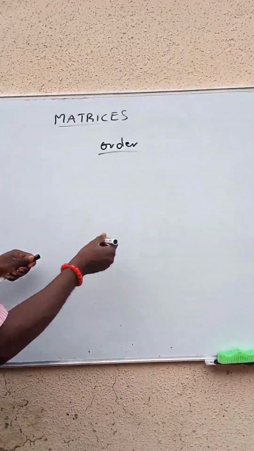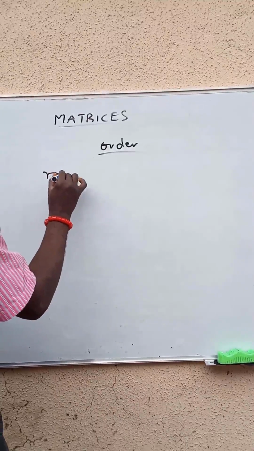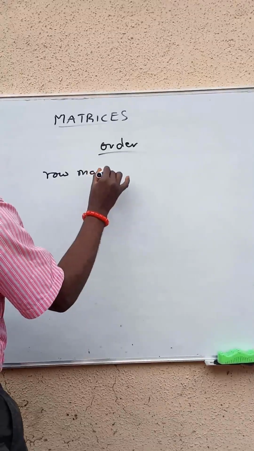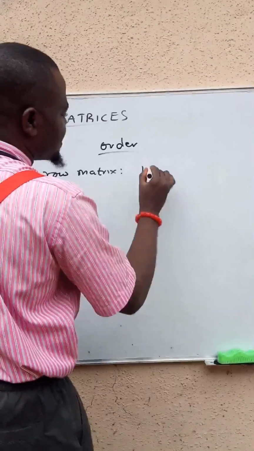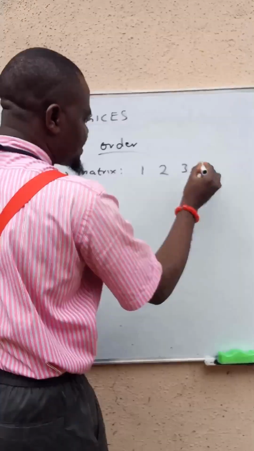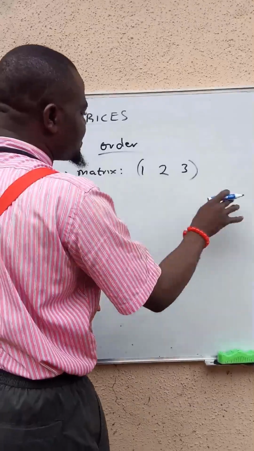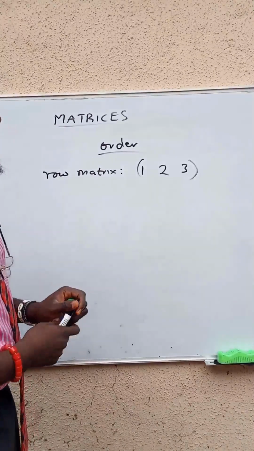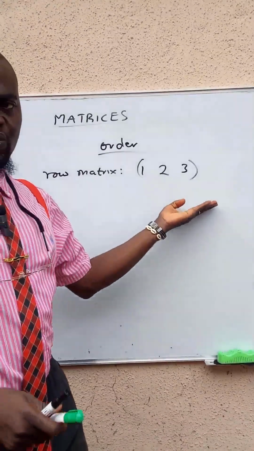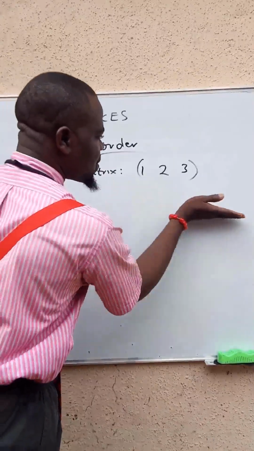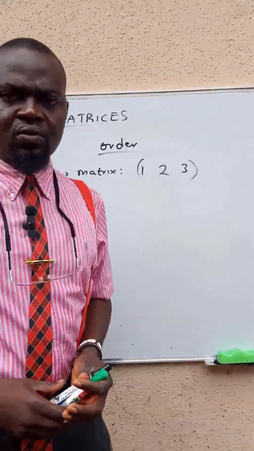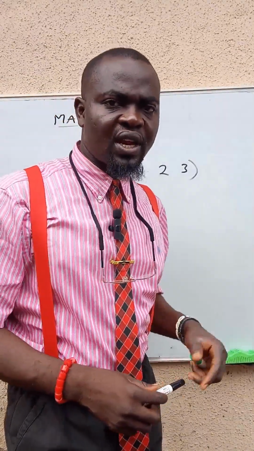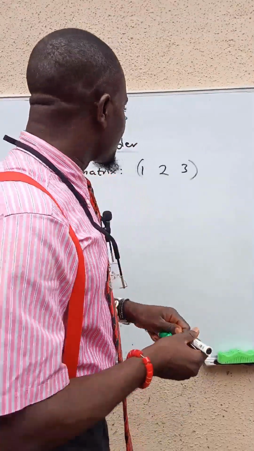For example, let me start from the row matrix. In a row matrix, let's say in this form, we'll say this is a row matrix. Why? Because it has one row. That is 1, 2, 3 on a row. Then how many columns do we have here if we are to name the order of this matrix?